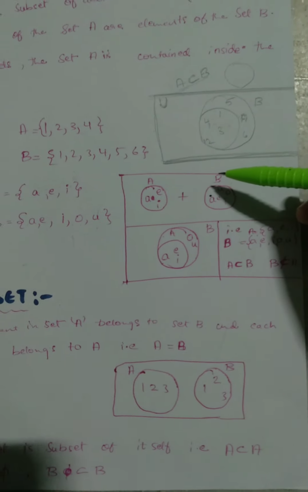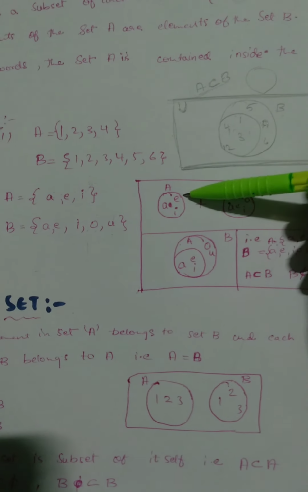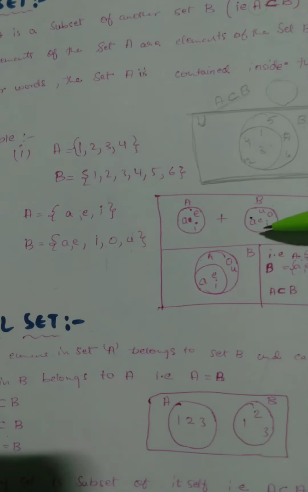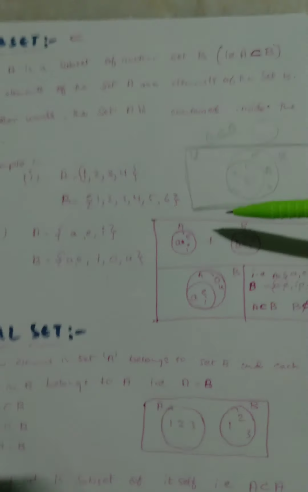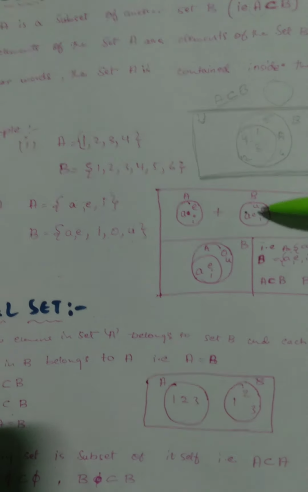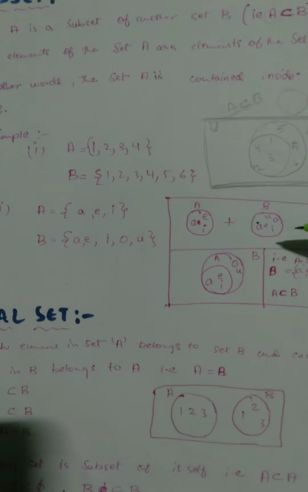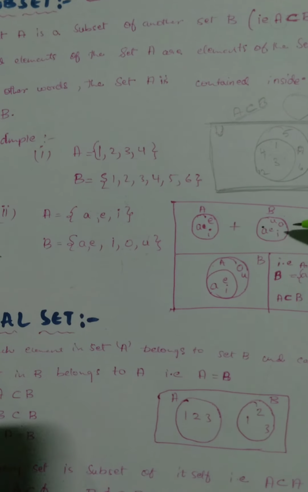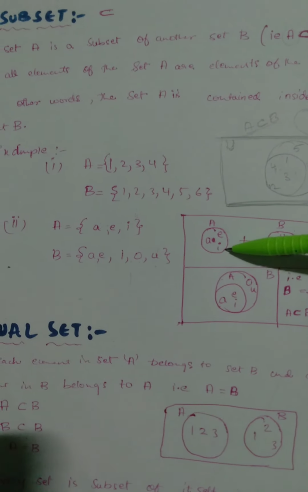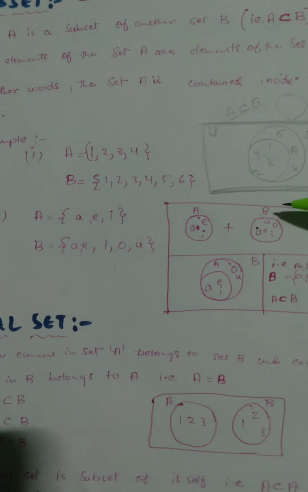I have represented this example in a Venn diagram. This is set A and this is set B. Set A contains A, E, I and set B contains A, E, I, O, U. The cardinal number of B is 5, greater than A, which has 3 elements.